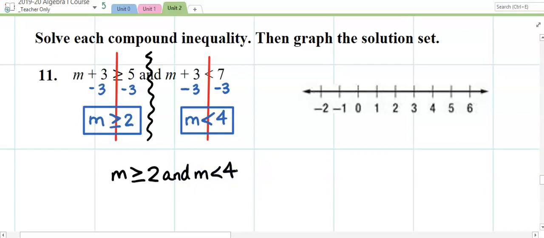Let's put these on the number line. Starting with the first inequality, I'm putting a closed dot on 2, and I shade greater than where the arrow points to the right.